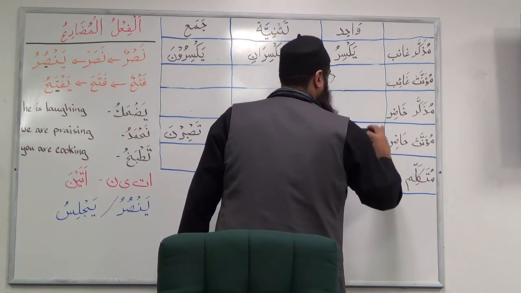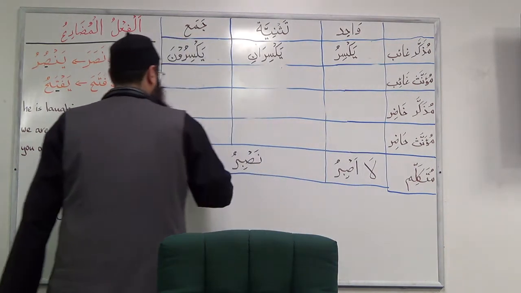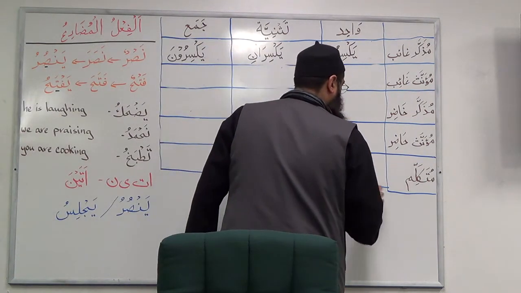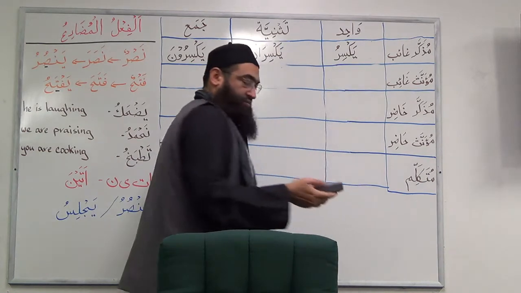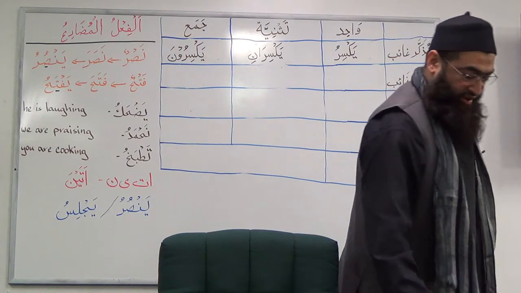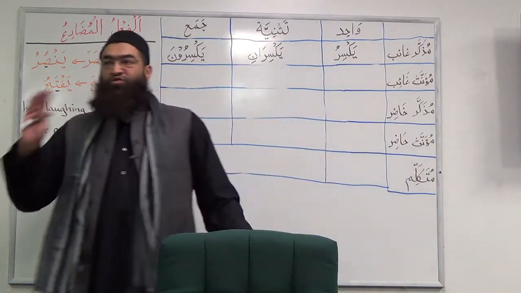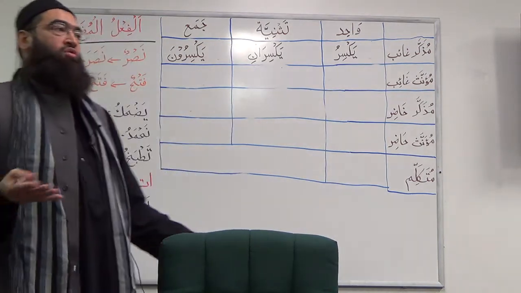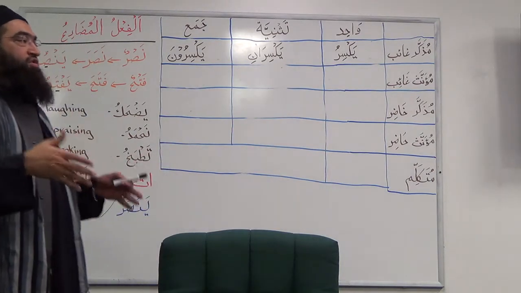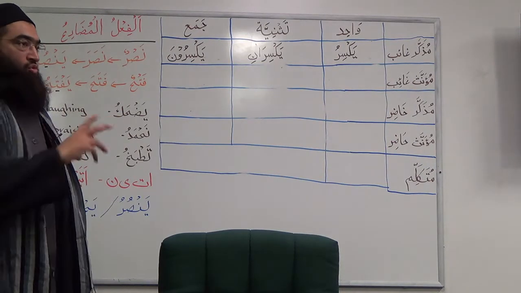Can anybody tell me what majhul means? Because we learned fi'l madi ma'roof, and then we learned fi'l madi majhul. What does majhul mean? When the fa'il is unknown, when the doer of the verb is unknown. Alright, so the example was ضرب زيد, Zayd hit. ضرب عمر, Amr was hit. So the fa'il or the doer of the action is not mentioned or not indicated, that becomes al-majhul.